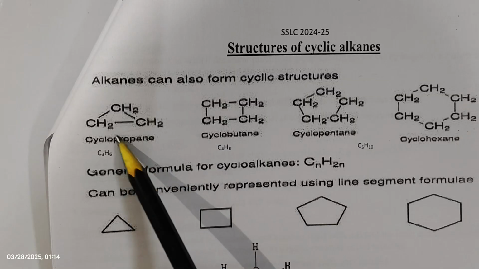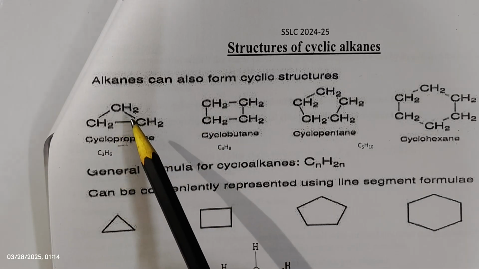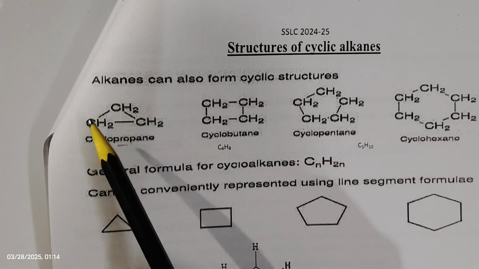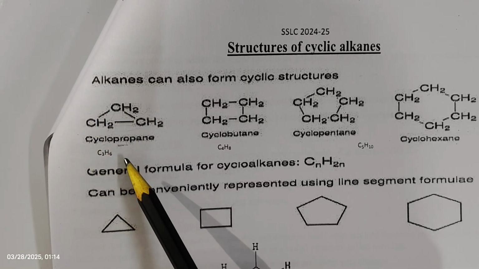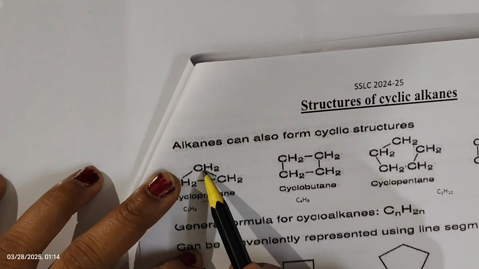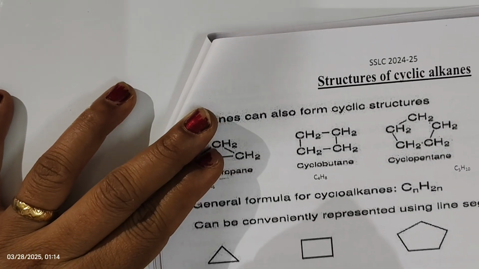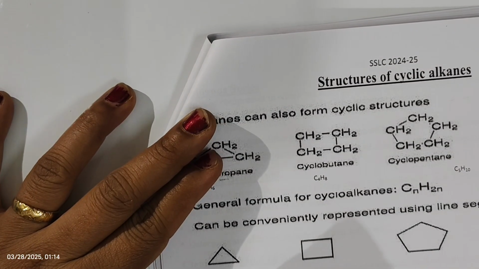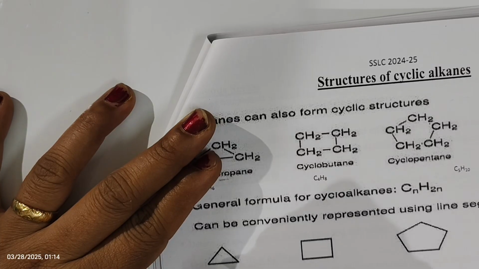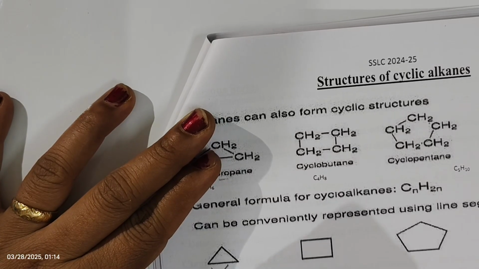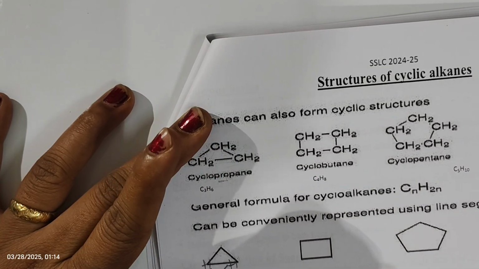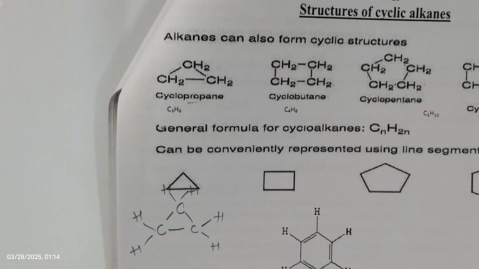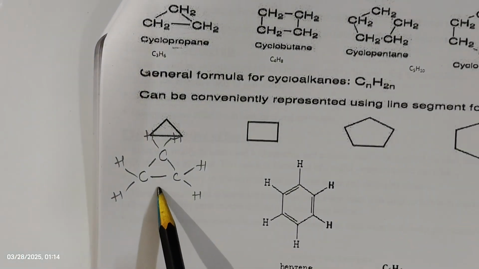It is a triangular shape. Generally you can represent cyclopropane in triangular form, with 3 carbon atoms with 2 hydrogens each. You can write the same structure like this also. See, 1, 2, 3 carbon atoms in a cyclic structure, followed by 6 hydrogen atoms like this. So this is the structure for cyclopropane.